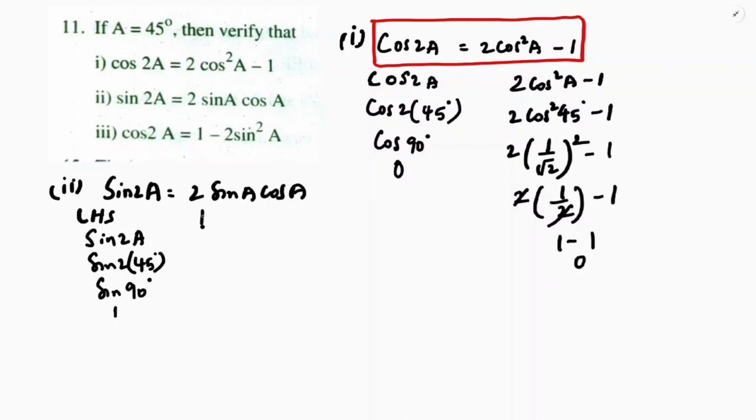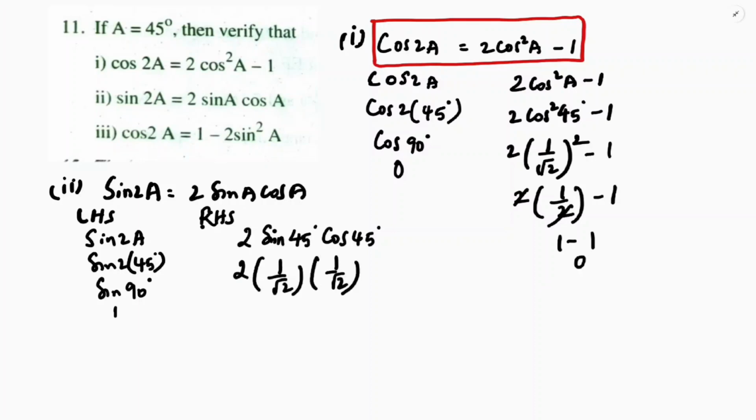Now if you take RHS, 2 times sin a, a is 45 degrees, cos a, cos 45 degrees. Sin 45 is 1 by root 2. Cos 45 is also 1 by root 2. So 1 by root 2 into 1 by root 2 is 1 by 2. 2 cancel, answer is 1. So again here also sin 2a equals 2 sin a cos a.